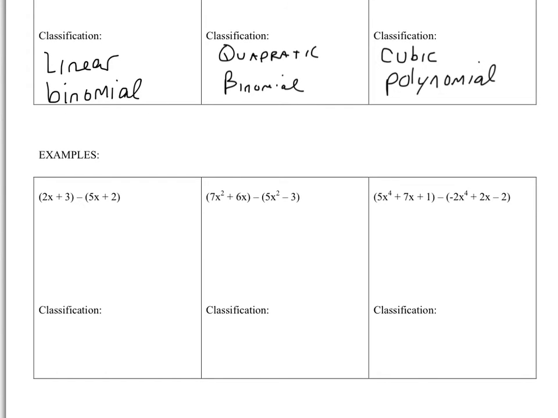Next three, I'm subtracting. So 2x minus 5x is negative 3x, and 3 minus 2 is 1. So this ends up being a linear binomial.